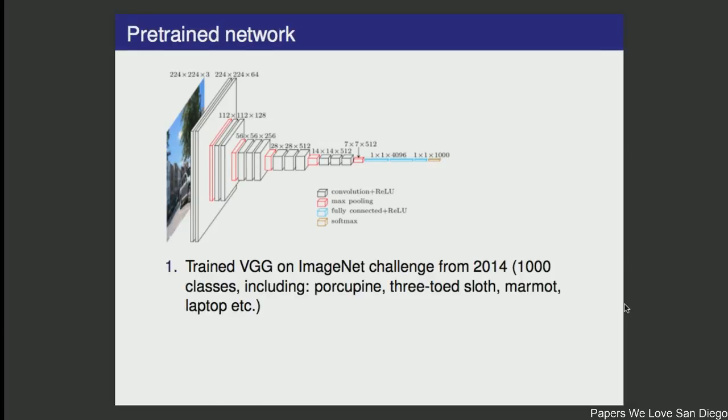So this particular network, which eventually spits out a vector in 1,000 dimensional space, was trained by that duo on a big data set, which was a bunch of pictures that had things like porcupines, sloths, marmots, laptops, probably hot dogs.